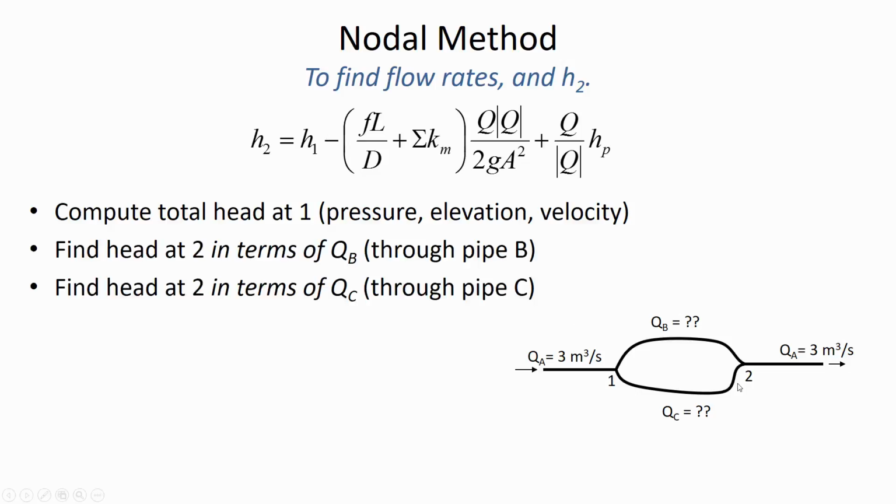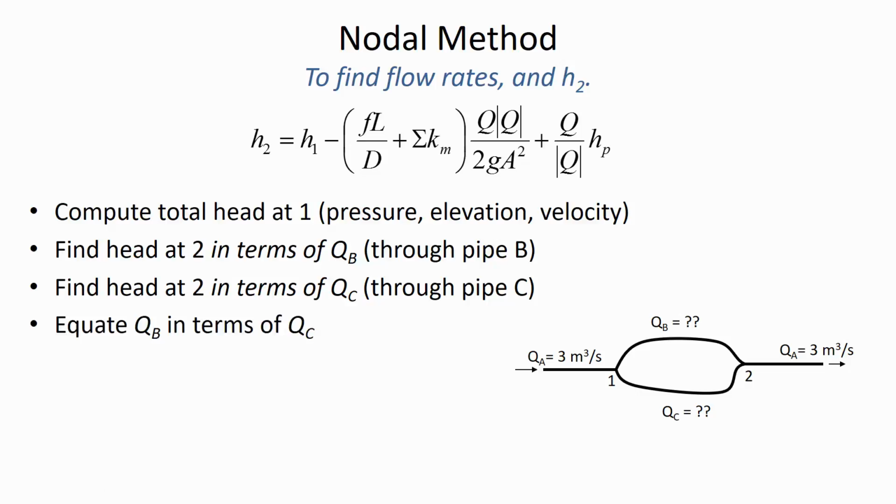We would find out the head at 2 in terms of the unknown flow rate through each of the pipes. So the Q that's here initially is going to be unknown, QB versus QC.